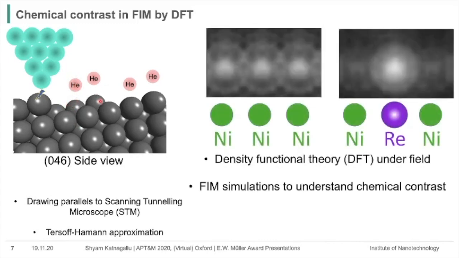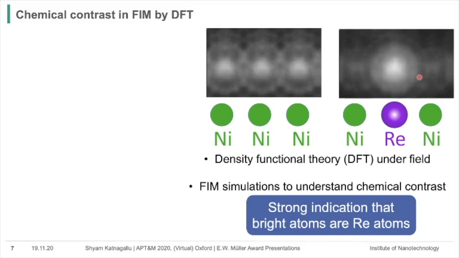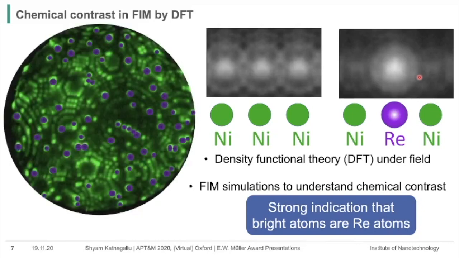We do that, and when we only have pure nickel atoms on the surface, the contrast looks like this. However, if we replace the middle atom with a rhenium atom, the rhenium atom appears much brighter than the surrounding nickel atoms.